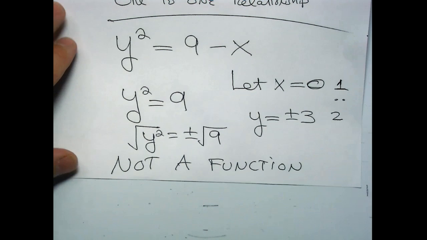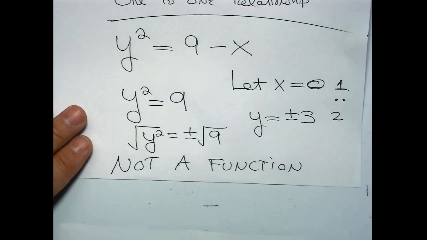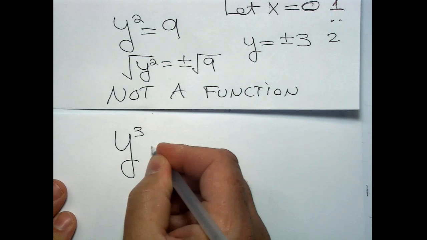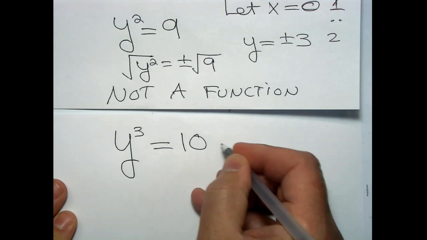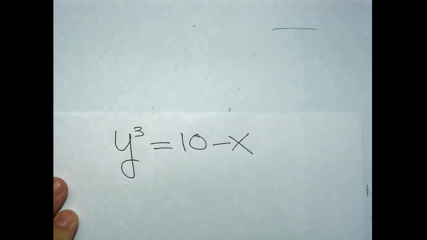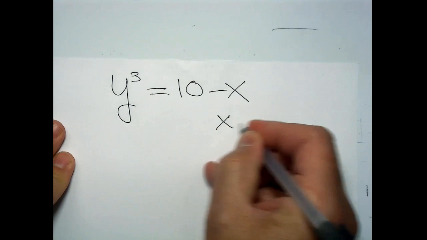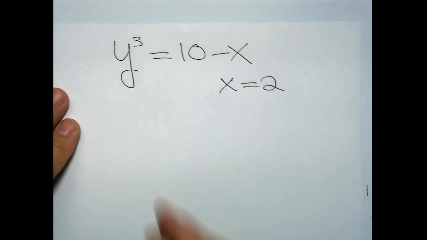So when you see y squared, that's usually a giveaway that it is not considered to be a function. Y cubed is actually okay. Let's try y cubed is, how about 10 minus x? Let's pick a value of x. Just an example value, like x equals 2, for example. And let's see if there's one and only one value of y for that.